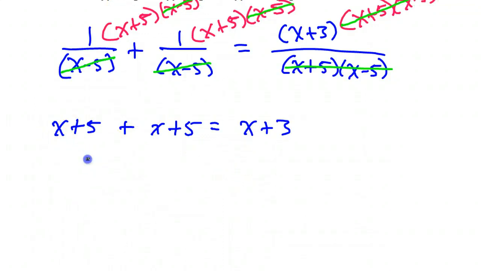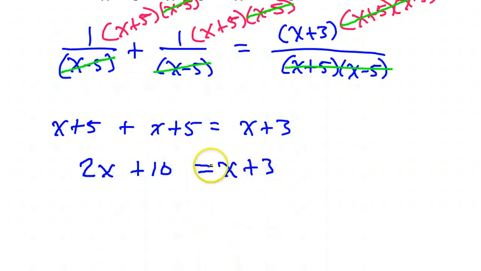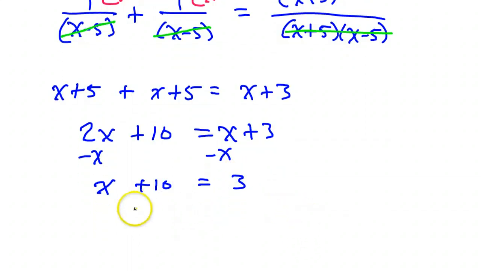So this is going to make 2x plus 10 is equal to x plus 3. Now I see I have x's on both sides, so I need to get them on the same side by subtracting x from both sides. So that's going to give me x plus 10 is equal to 3. Then I will subtract 10 from both sides. So that gives me x equals negative 7.